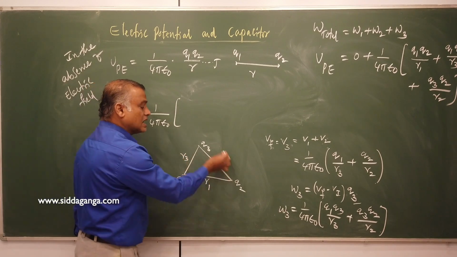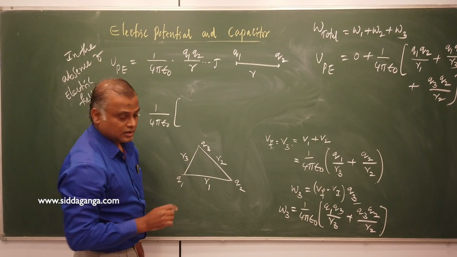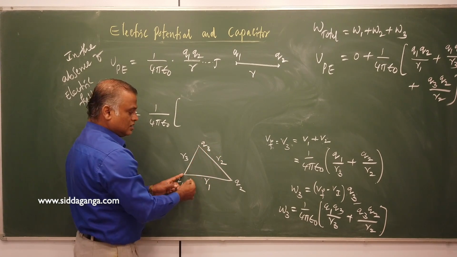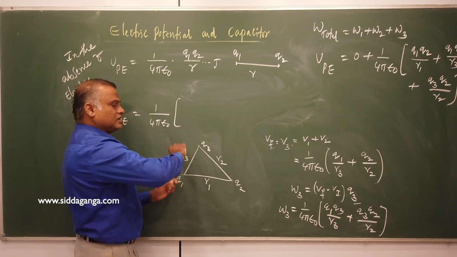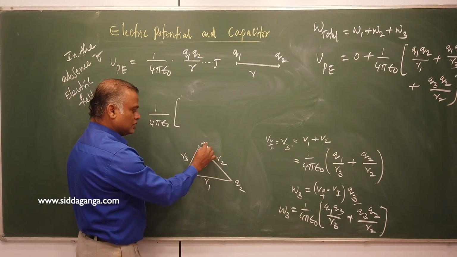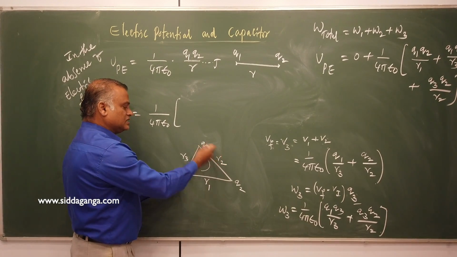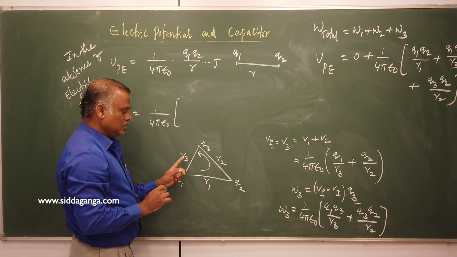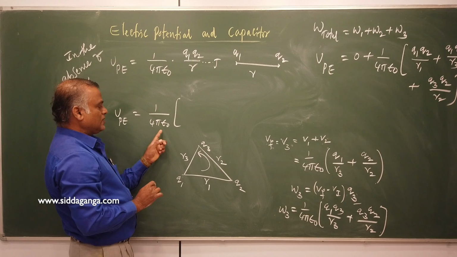Take it in a cyclic order to memorize the formula: Q1, Q2, Q3, either anti-clockwise or clockwise, at your convenience. I have taken anti-clockwise. R1, R2, R3. 1 by 4 pi epsilon naught is common.